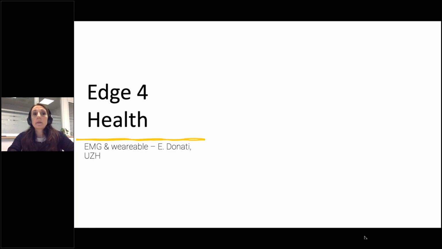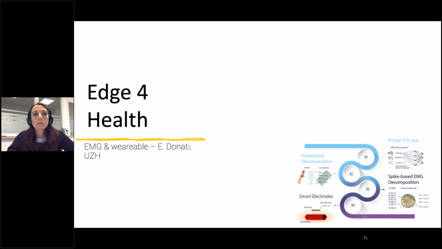Here, we have different types of sensors. We have sensors that monitor parameters of humans. In this case, for example, you can monitor electromyography, so the activity of muscles, to infer the activity of motor neurons that drive our muscles.